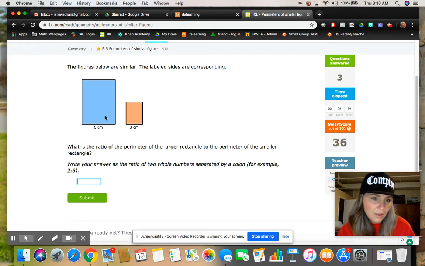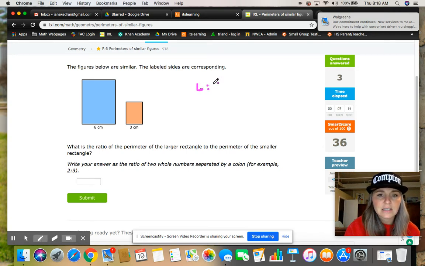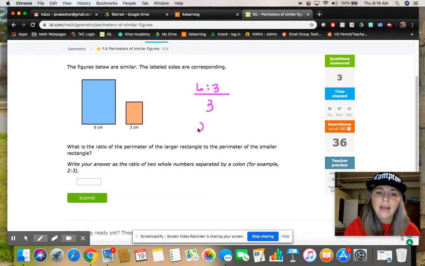It's asking what is the ratio of the larger to the smaller. So the only trick I want to note here is the ratio is 6 to 3, but because 6 and 3 are both divisible by 3, I have to divide this whole thing by 3 and write it as 2 to 1.